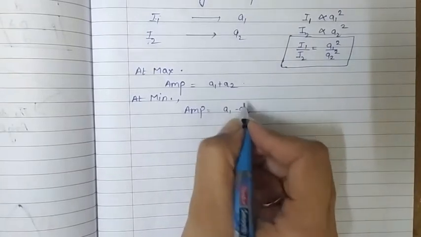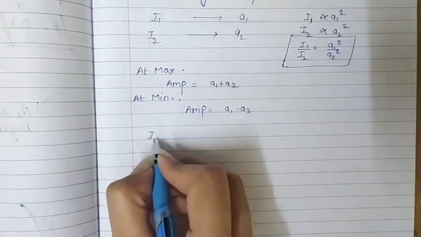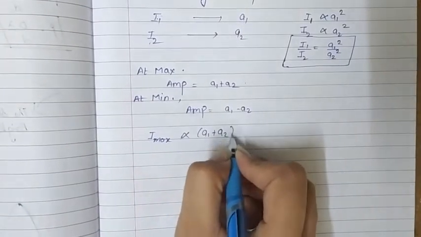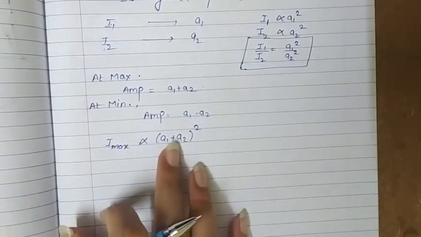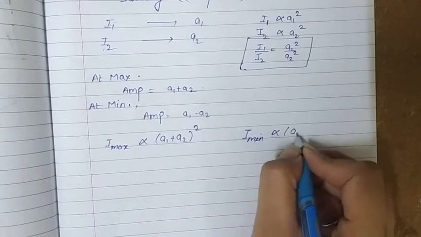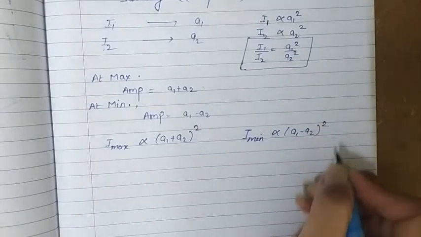So the intensity at maximum is proportional to (A1 plus A2) whole square. Similarly for minimum intensity it is proportional to (A1 minus A2) whole square.